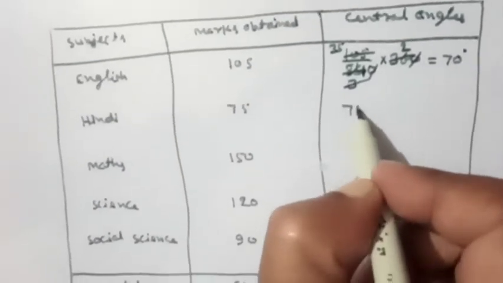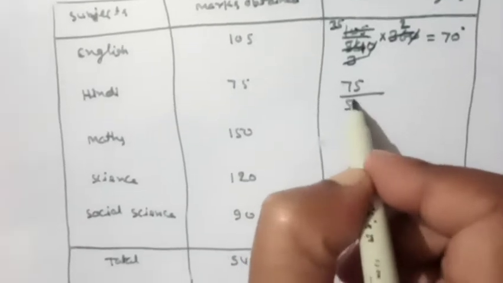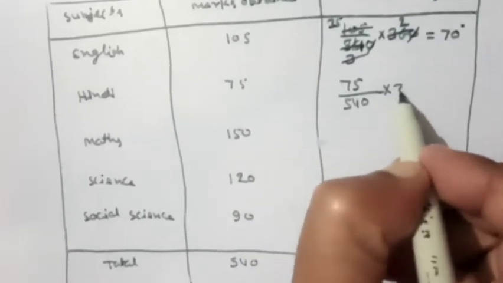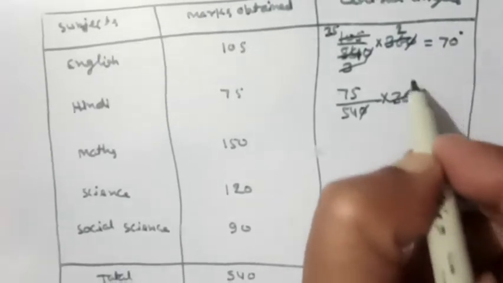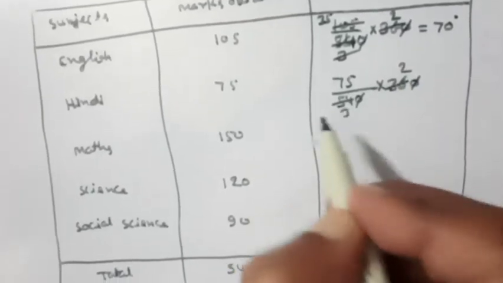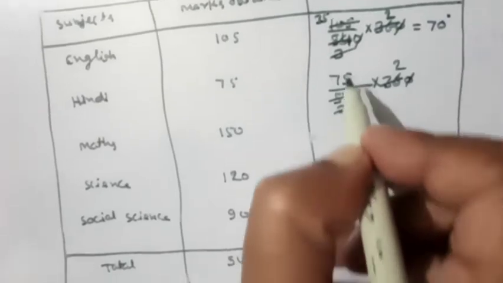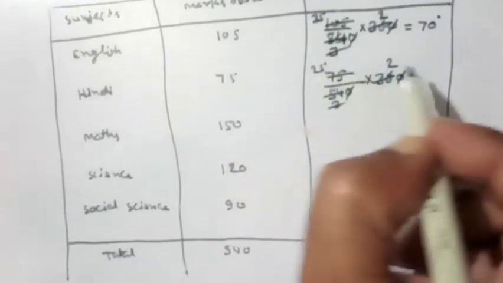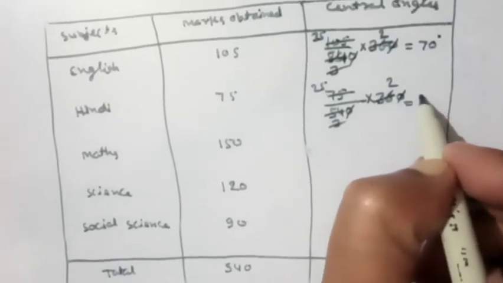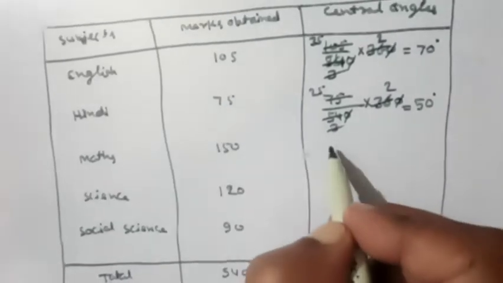Next 75 by 540 into 360, 0 to 0 cancel, 18 2 ja 36, 18 3 ja 54, and 75 is divisible by 3, 25 times, then we get 50 degree.